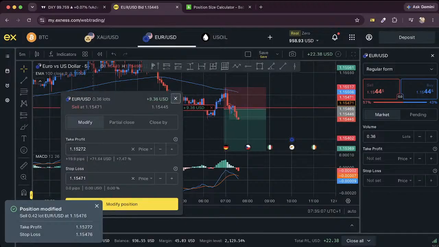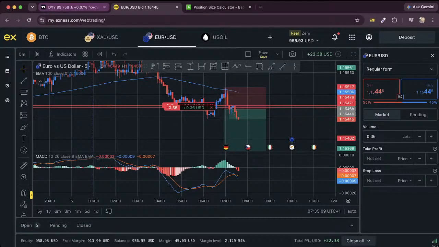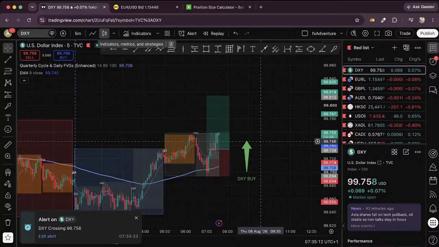So that's why I set my stop loss to the entry point, just based on the strategy I've been using.